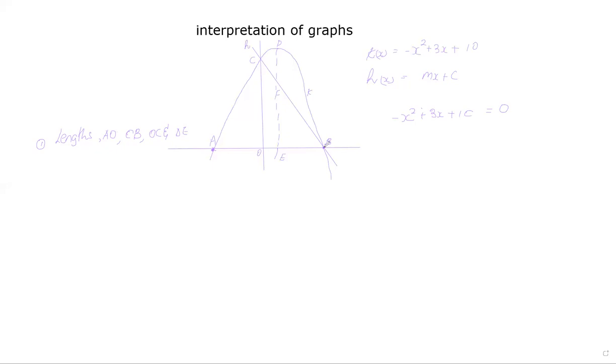On the x-intercept, the value of y is 0. We can multiply that by negative. That will be x squared minus 3x minus 10 is equal to 0. We look at the first term and the last term. The factors are x and x. Factors here are 5 and 2.